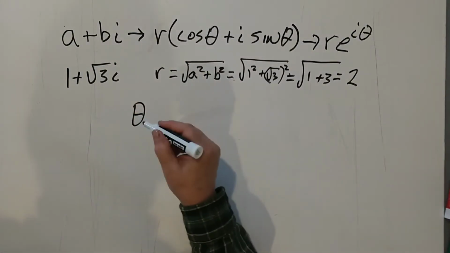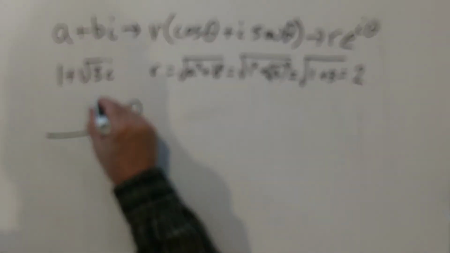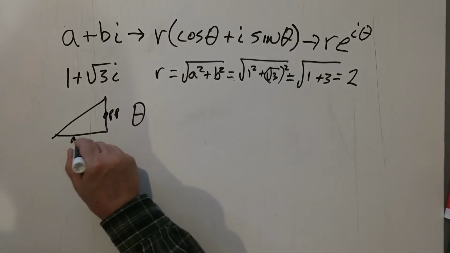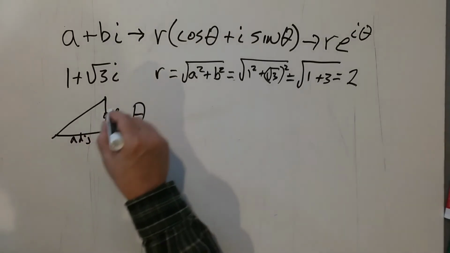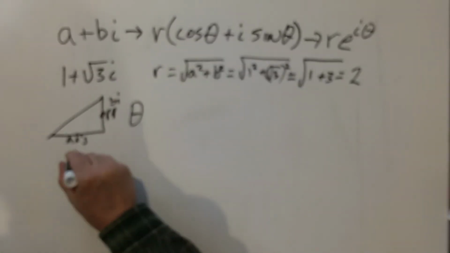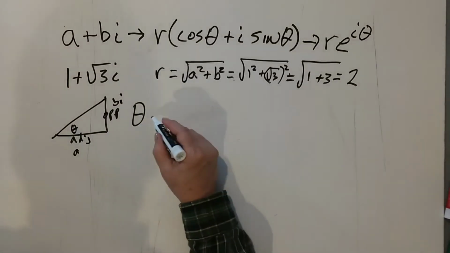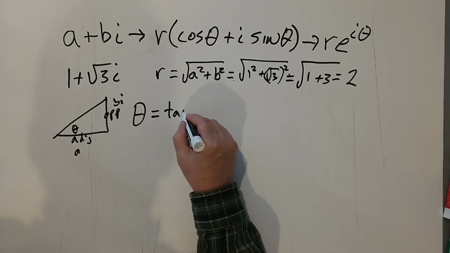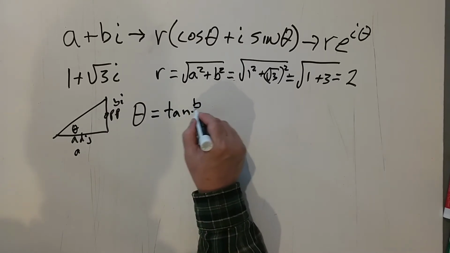we learned from triangle trigonometry, where we have opposite and adjacent. This is bi, this is a, there's my angle. That theta is equal to the inverse tangent of b over a.